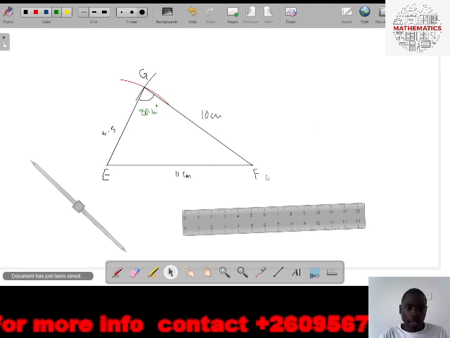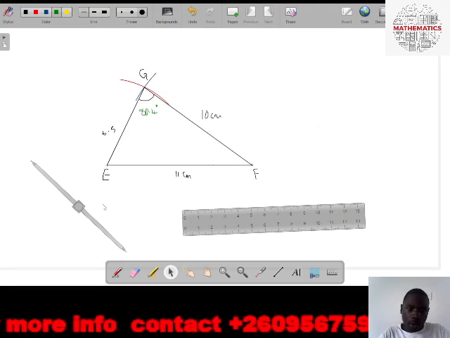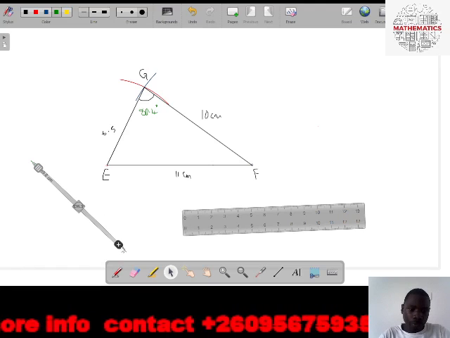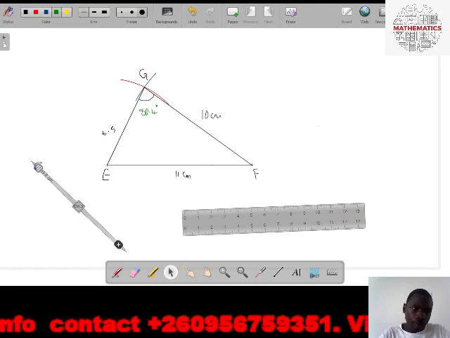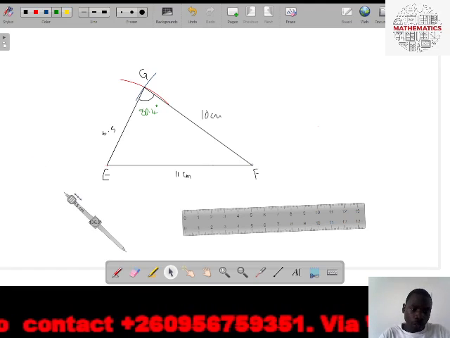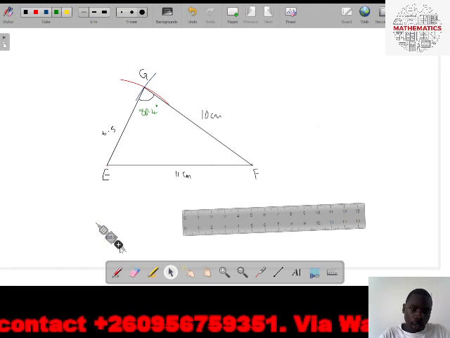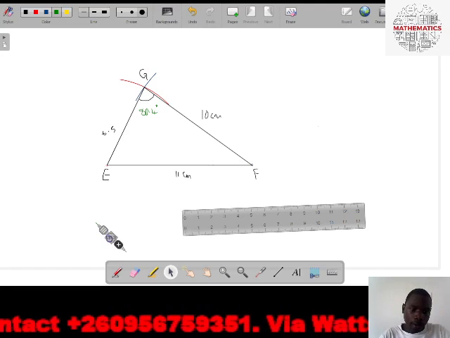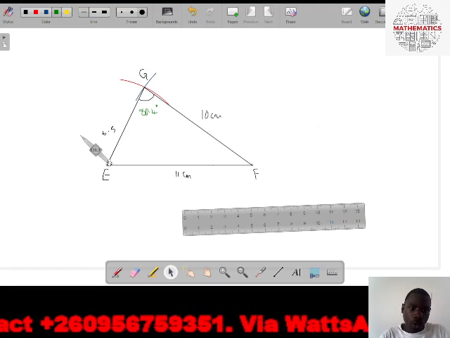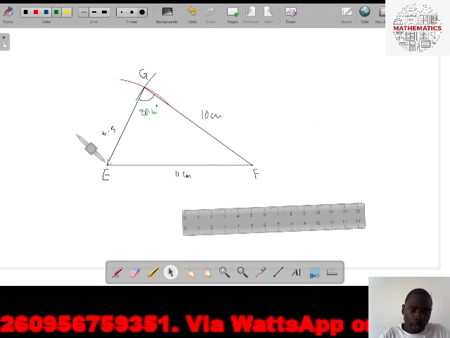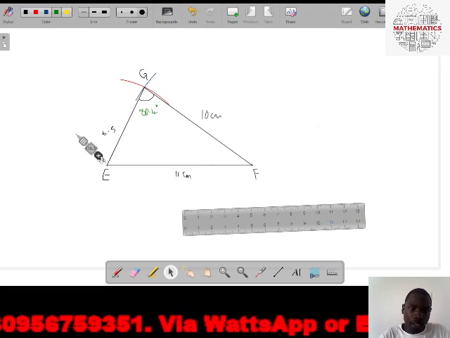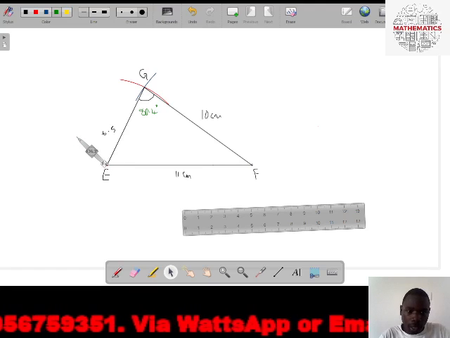You see E. Since E is common, they're saying EF and EG, so you will stand on E there.